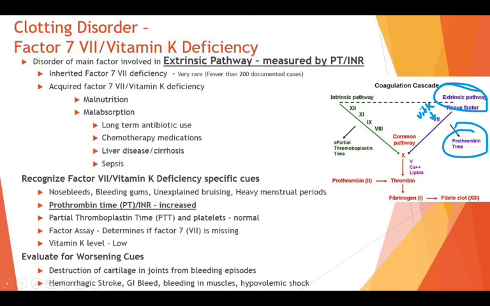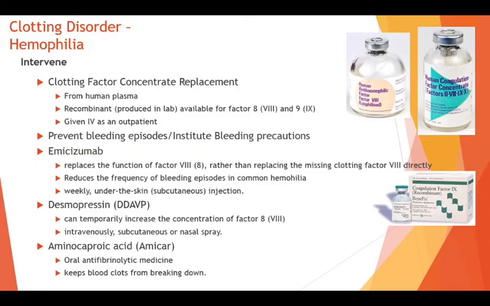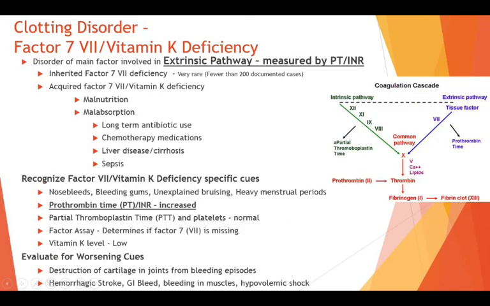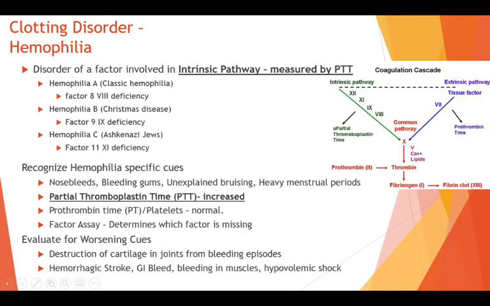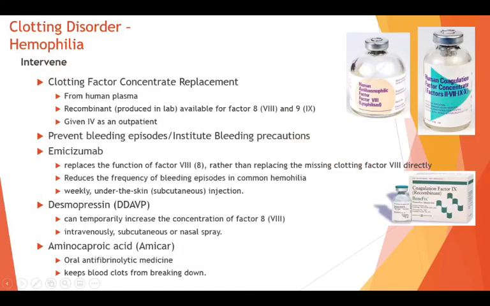But the difference with this one is that the increased lab values are going to be your PT, INR, because we're measuring your extrinsic pathway. The hemophilias were your increased PTT because it's your intrinsic pathway.